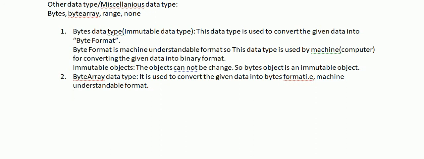So the difference between the bytes data type and the byte array data type is that, as we have seen, the bytes data type is an immutable object and byte array is a mutable object.